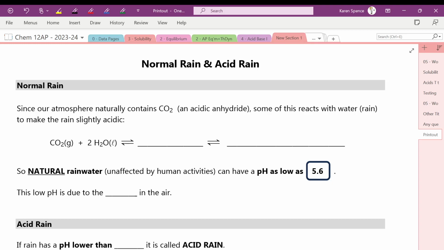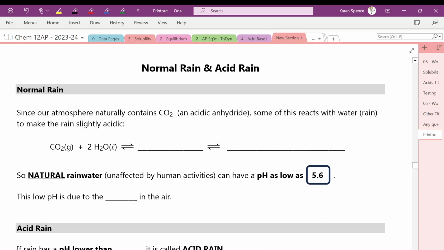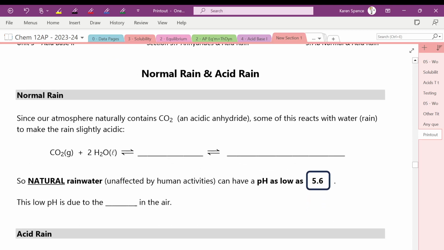I think that you guys could write this first equation. This is page 117. Since our atmosphere naturally contains CO2, which is an acidic anhydride because it is a non-metal oxide, some of this reacts with water, the rain, to make the rain slightly acidic.